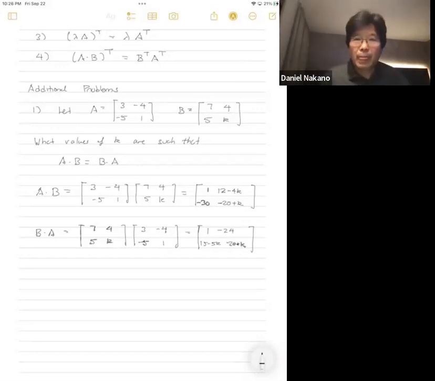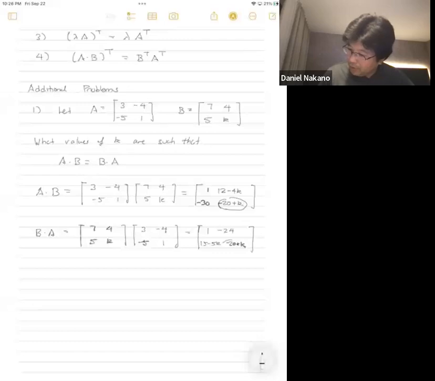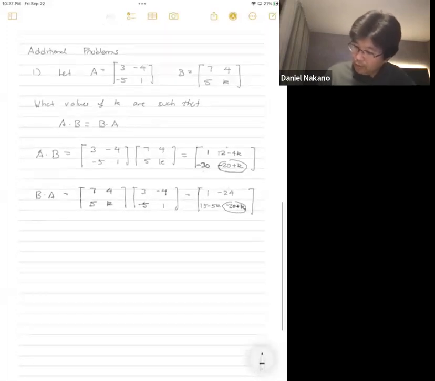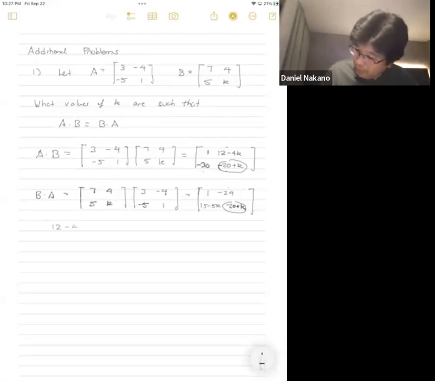All right. Okay, so the good thing is that these two are the same. So this one here matches with that one here. So any k is going to work. So what we have to do is look at the entry right here, compare it with this one, and compare that one with that one. So for these two matrices to satisfy the commutation condition, I need 12 minus 4k to be equal to -24.